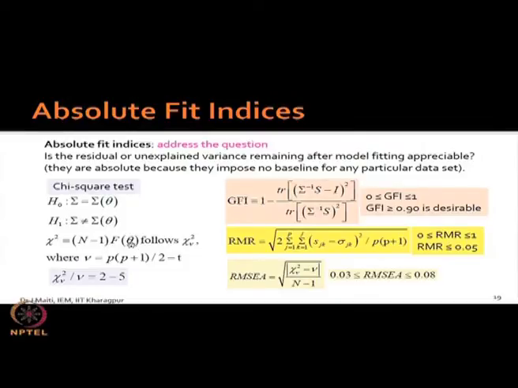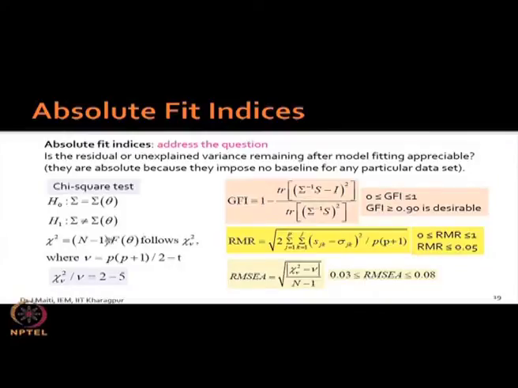Now, you will never get F theta to be 0, because you are doing numerical optimization, where some convergence value will be there. Now, if n is sufficiently large, what will happen? This value also will become large. So, how do you then justify whether your model is fit or not?